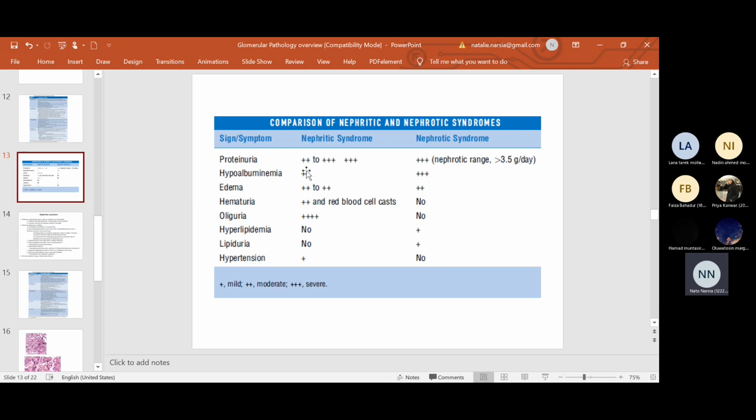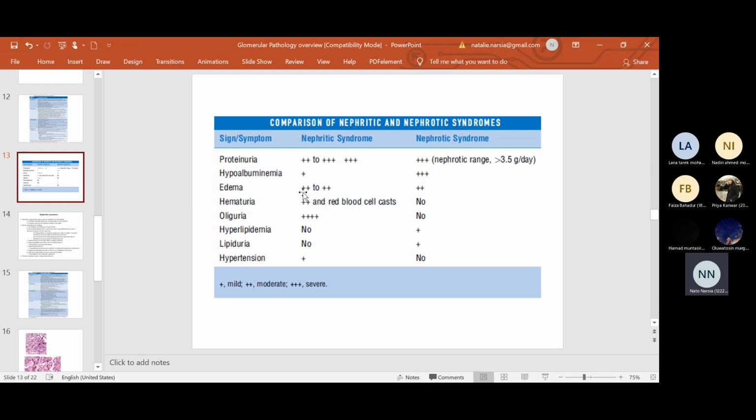Mild proteinuria you don't have because you have damage of the glomeruli. So moderate proteinuria you always have, but again it is always less than 3.5 grams per day. Hypoalbuminemia you should not find in nephritic syndrome. We did not mention hypoalbuminemia, but you lose albumin in nephrotic syndrome.